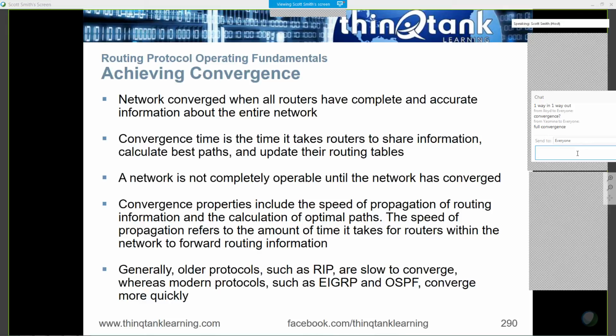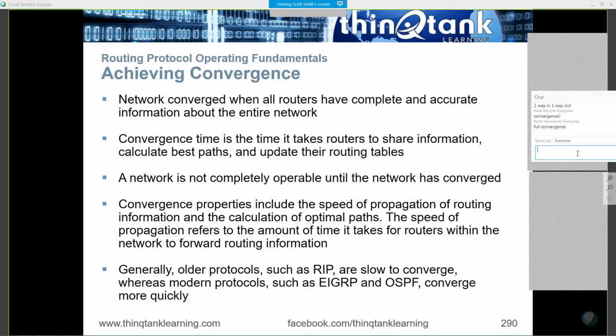So convergence, we're going to choose a routing protocol based on its ability to converge quickly. The fastest converging routing protocol that exists today, assuming you implement it correctly, is actually EIGRP. EIGRP converges even faster than OSPF, if it's done correctly. OSPF is not very far behind though.